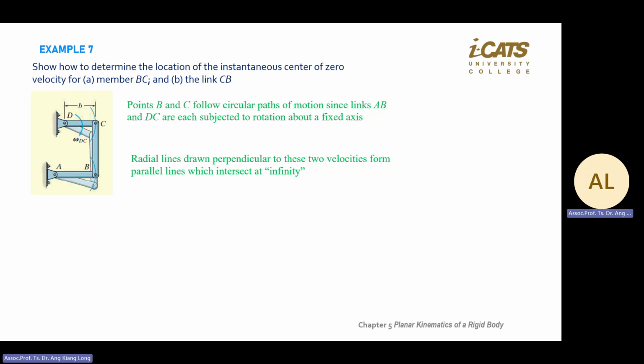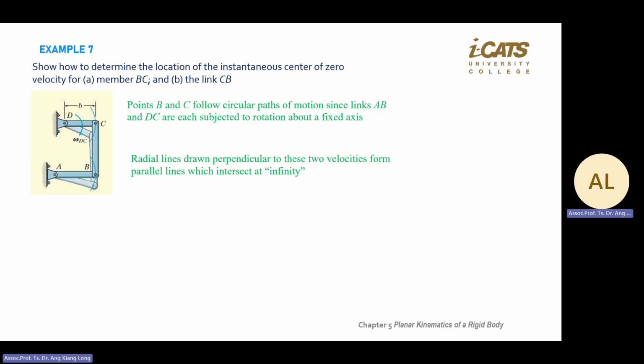C, if now the question changes, we focus on CB. So CB rotates in this way. So this one will go down. So the C velocity will follow the curve. So this is your VC. B will also go down, VB. So if you draw the IC line, you're pointing this way.